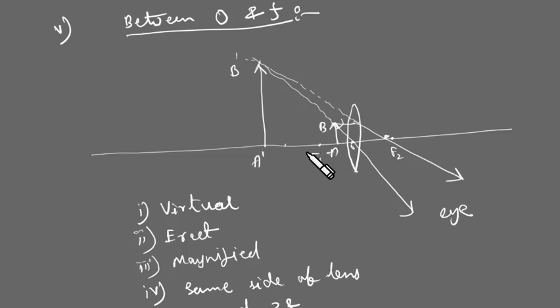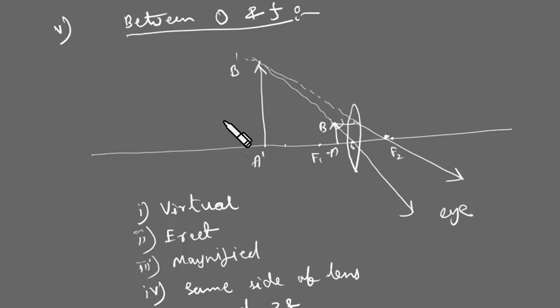Okay, so we have covered all the 5 cases where we bring the object from infinite distance slowly towards the lens. When the object was at infinite distance, the image was formed at the second principal focus.